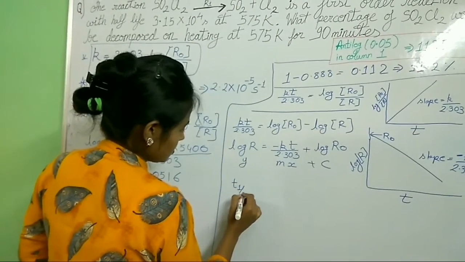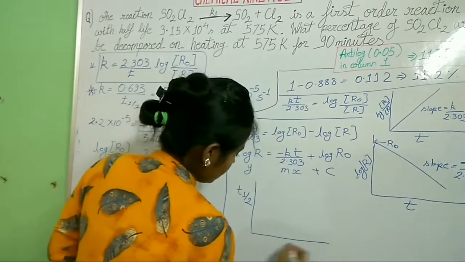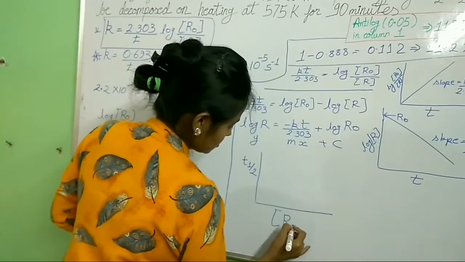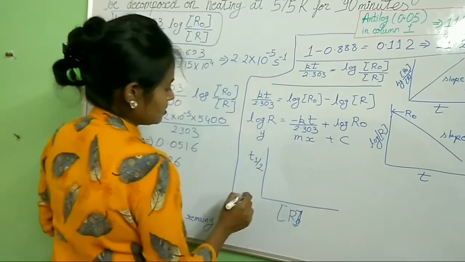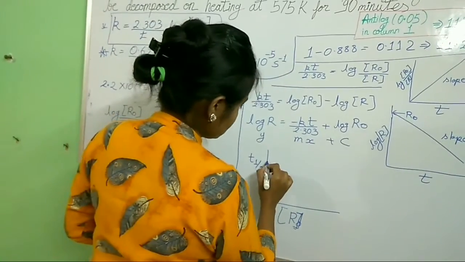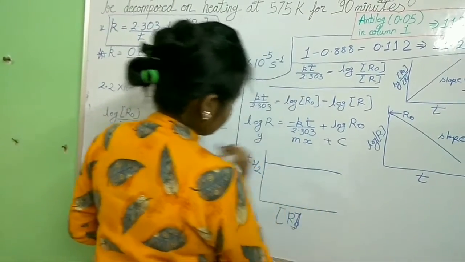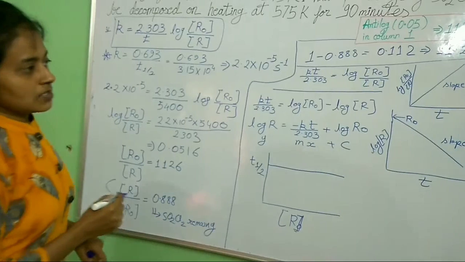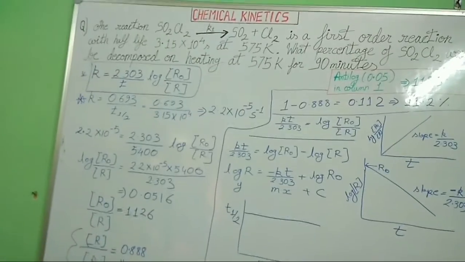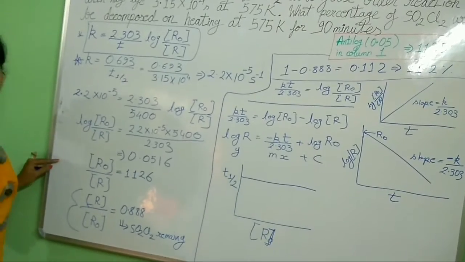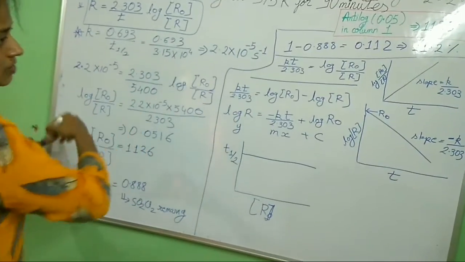If we take t half on the y-axis and R naught on the x-axis, then it doesn't depend upon it, so it will be a straight line graph. Okay, we have seen the graphs also, and we have seen how to solve it by putting in the formula. Okay, now let's move to the next question.